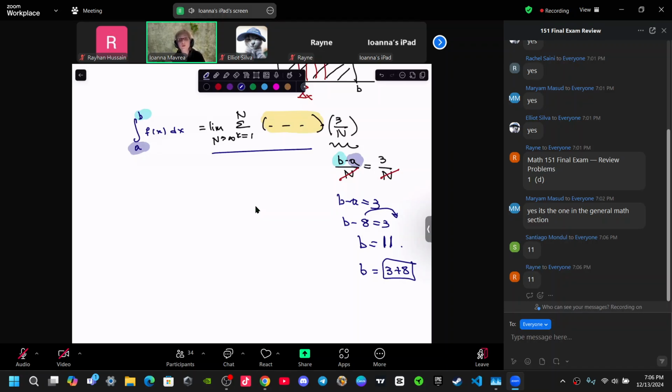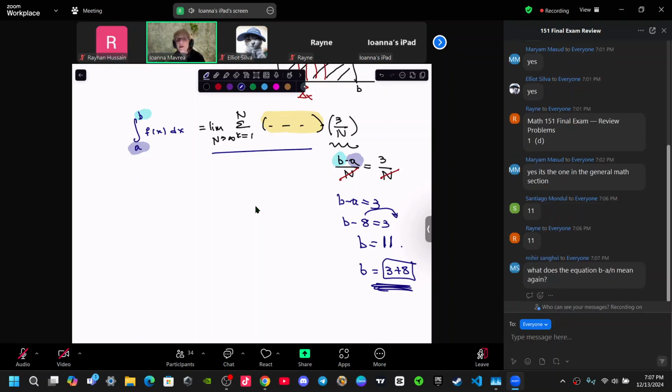You don't want to put 3 plus 8 is equal to 12 because you have a bad day and write 12 in the box, because the way, unfortunately, we're going to grade this, and that's instructions from the coordinator, we're going to look at your answer. If your answer is incorrect, so you wrote 10, but I can see you have the right thing in the work, I'm going to have to take points off for that. Whatever the answer is worth, I'm not going to give you those points. So please don't add.